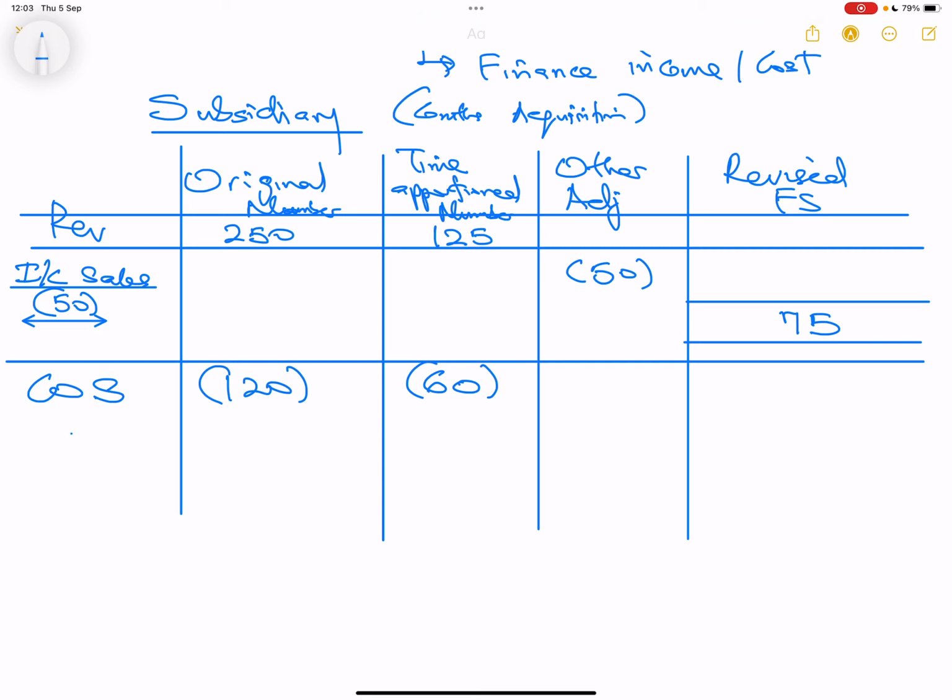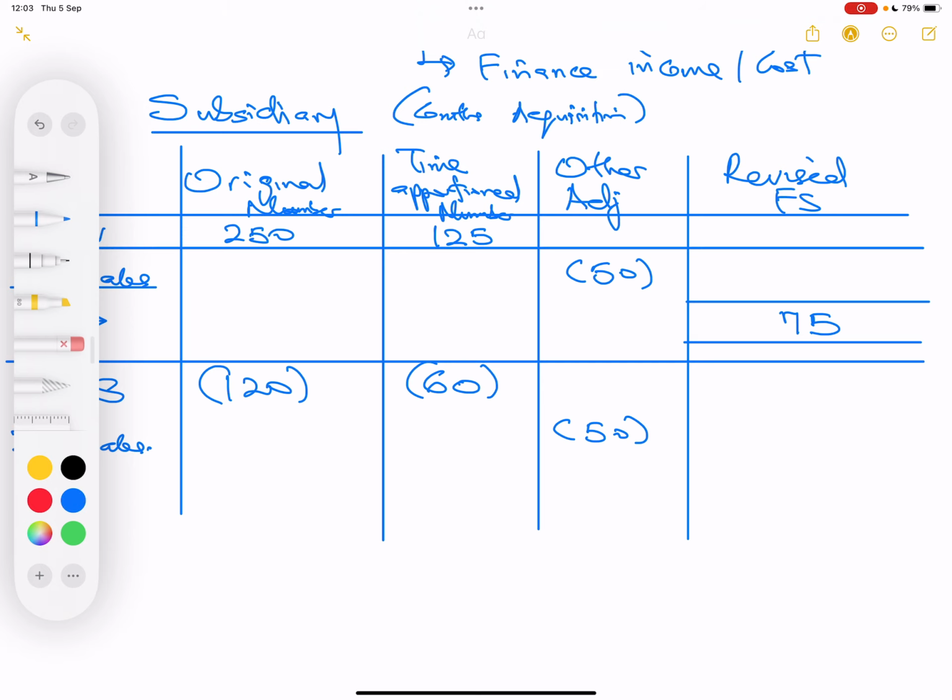So that's the first rule you are learning. So intercompany sales must also be taken away at that same revenue amount. So we're going to take away 50, it's gone. You can see it's 50-50, so the impact will be 0. We are taking it away from the sales, and at the same time we're taking it away from cost of sales.